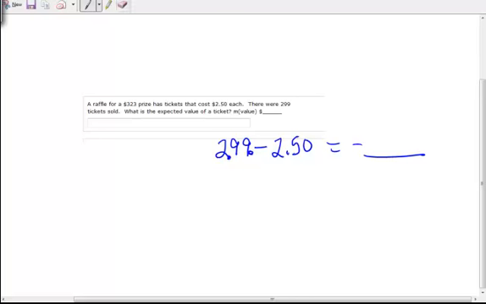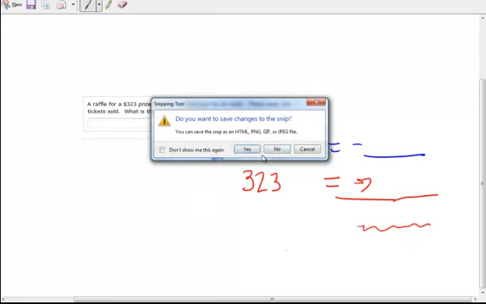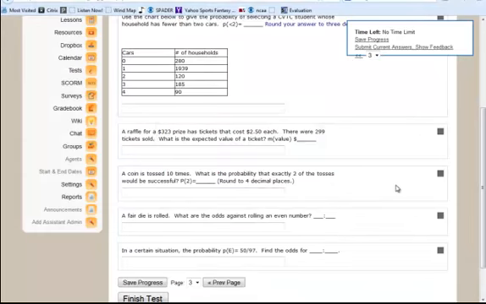Oh, not 2.99, 299 times 2.5 people. Then there's going to be one person that won $323. So if you add those two together, this negative and this positive, you're going to get a certain amount. And I'll give you a hint. Every raffle has a negative expected value because if you're running the raffle, you want to take money from people. Next one.